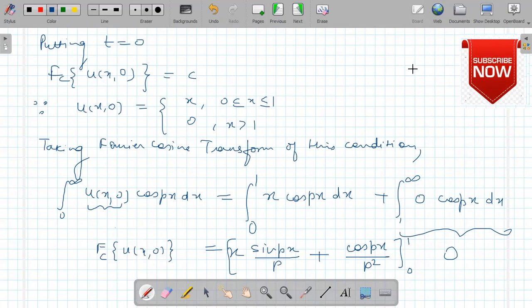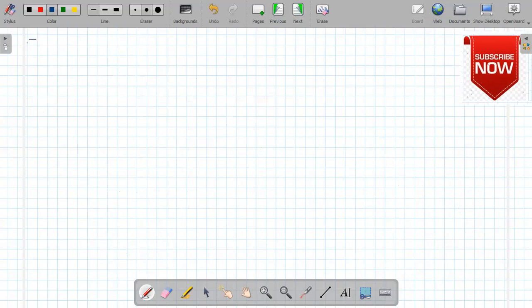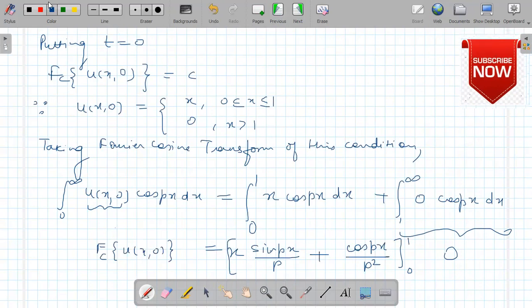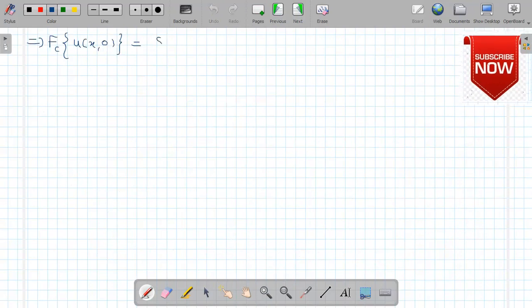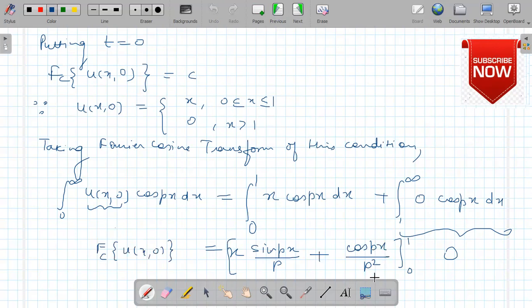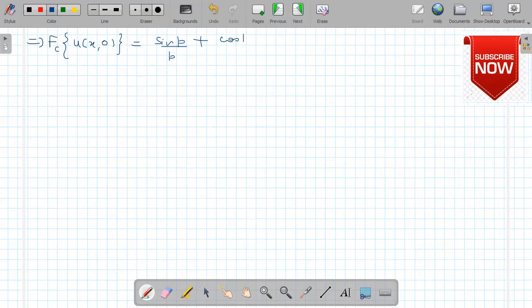Okay, so we have Fc u(x, 0) is equal to sine p over p plus cos p over p square.